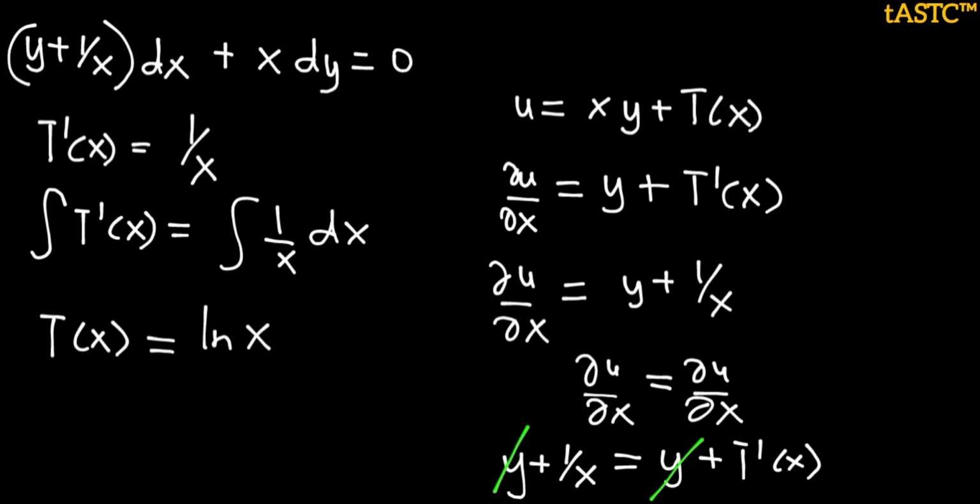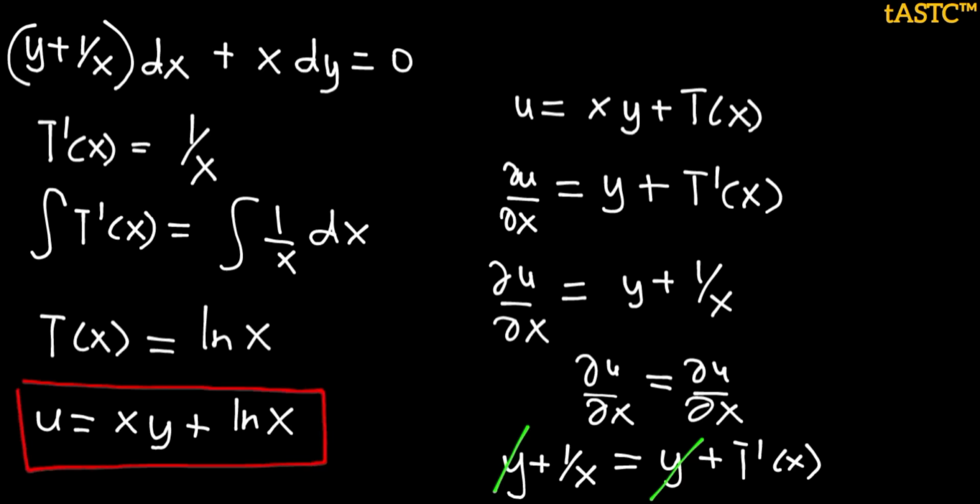Therefore, we're going to see that u is equal to xy plus ln x. So this is actually going to be the answer to the question. u is equal to xy plus ln x.